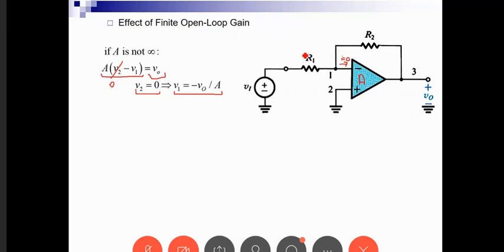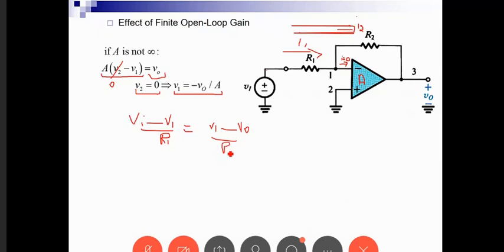So I still have the KCL setting that I1 equals I2. The only difference is that this will be (Vn minus V1) over R1, equal to (V1 minus VO) over R2.